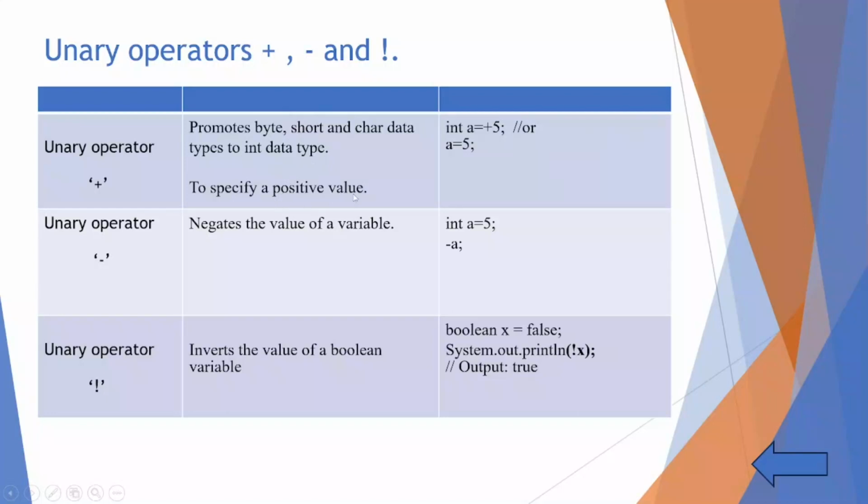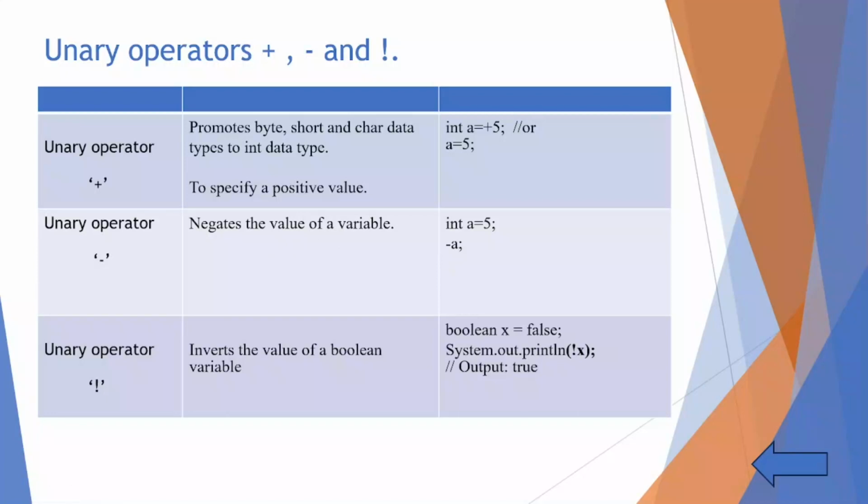And then to specify a positive value, either plus 5 I can write or 5 I can write. So instead of writing plus 5, I just write 5. So this is a very easy operator, plus. Another operator, minus, uses only one operand. Minus a, one operand, negates the value of the variable.